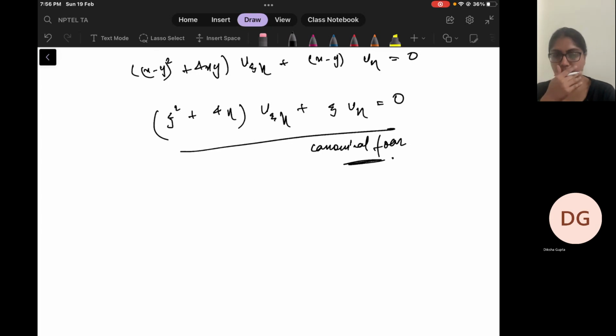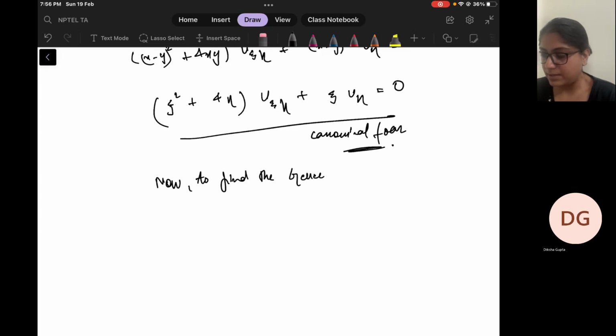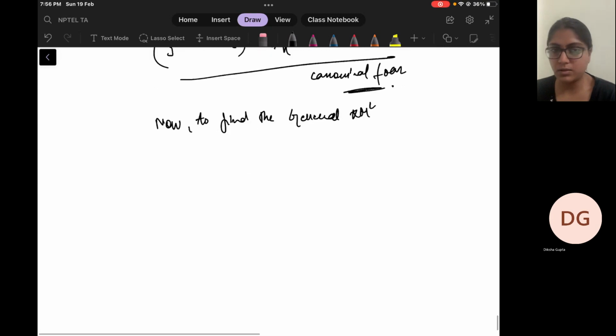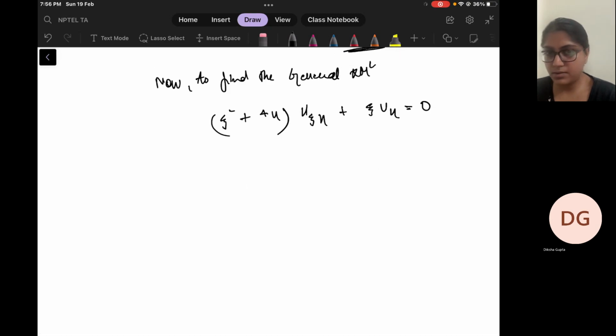The general solution is, what we can do is, we'll use a trick here. We just have to manipulate the canonical form we got. So what we have is u epsilon eta is equal to minus epsilon u eta upon epsilon square plus 4 eta, right?